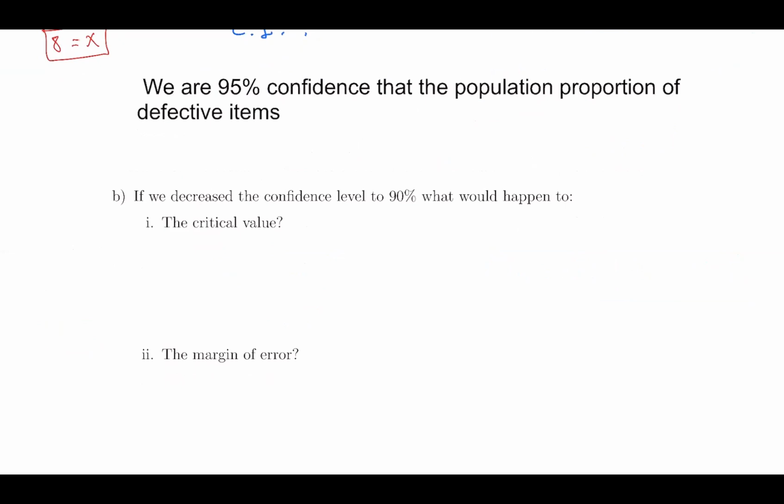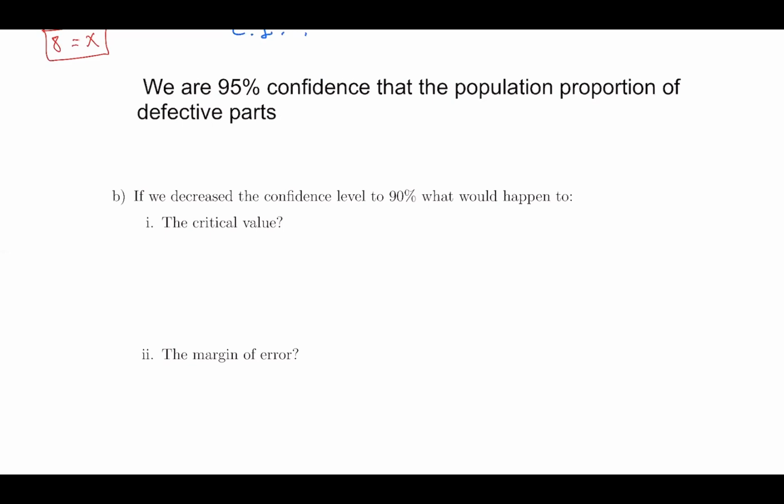It represents the defective parts. So we just want to say that the population proportion of defective, well, here, let me put parts instead of items, because that's what the P represents. It represents the proportion of defective parts.